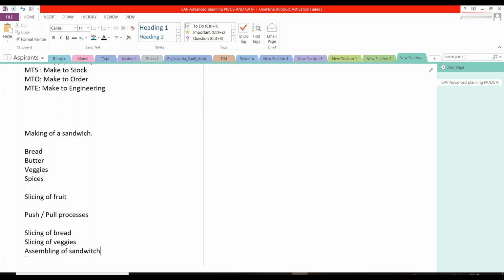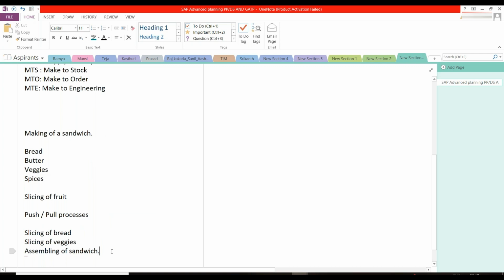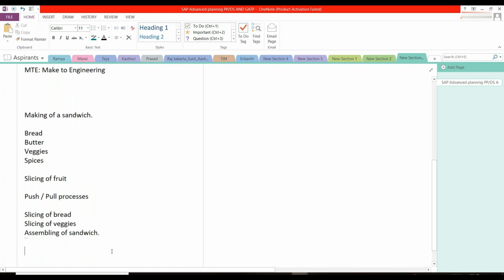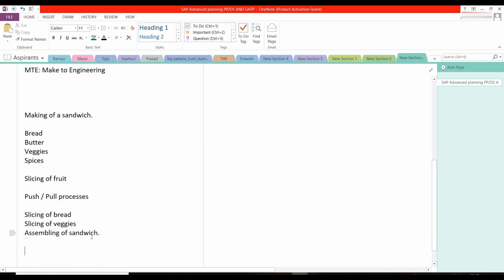We'll keep it to these three different processes, which are needed to make my sandwich. In the context of make to stock, are these three processes influenced by the customer order? No. Because the sandwich has already been prepared before the order was placed. So all of these processes, I would say, are push processes.